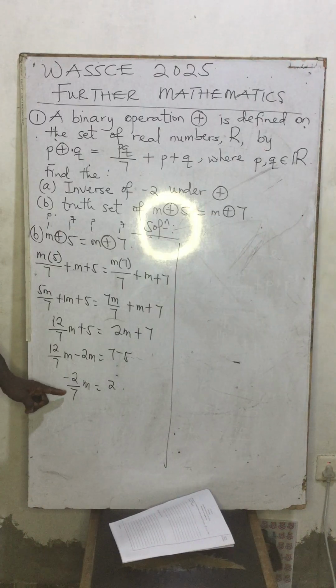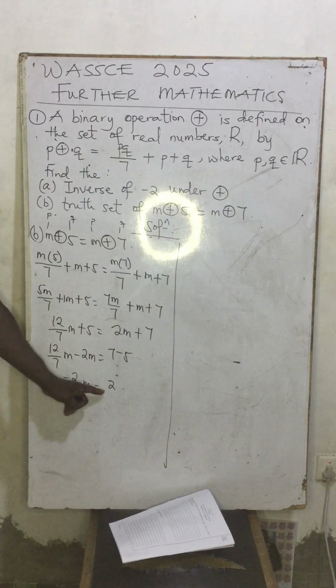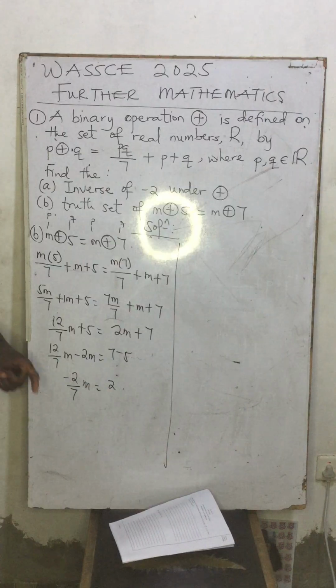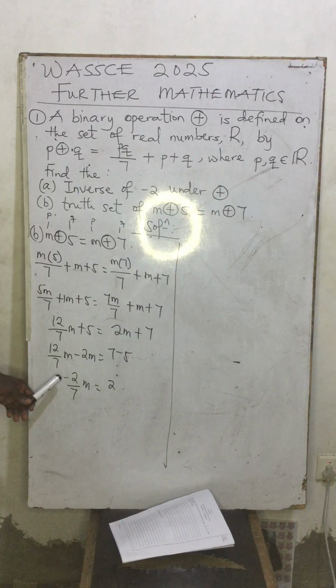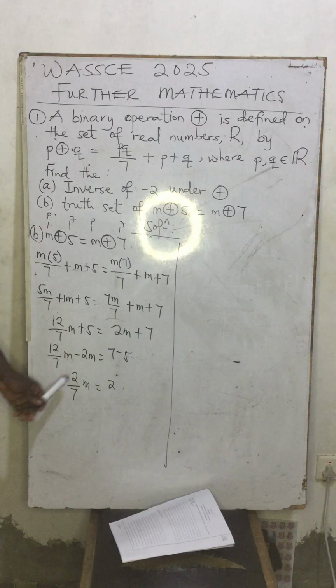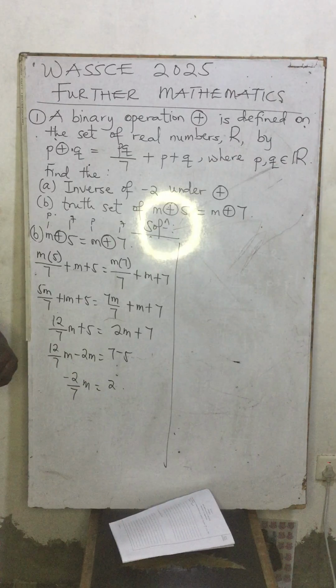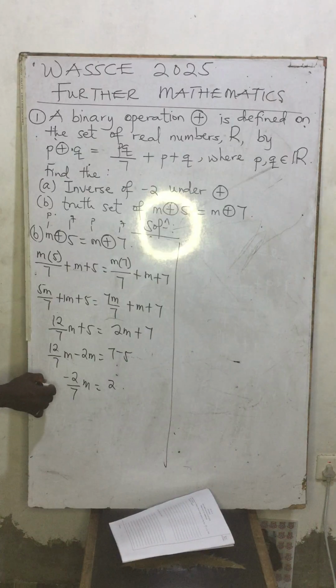Now what can we do? We have 2 terms here. We can choose to multiply both sides by the reciprocal of -2 over 7, which is 7 over -2.